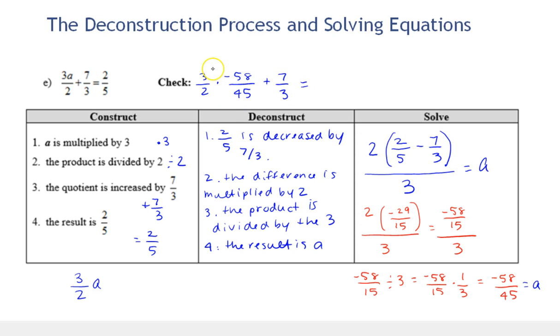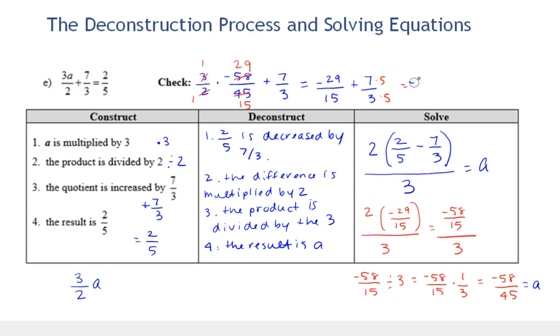Okay, so first I do the multiplication. 3 and 45 have a common factor of 3. These have a common factor of 2. So this would be 29. Notice now, this is 1 times negative 29 over 15, which is just negative 29 over 15 plus 7 thirds. I'm going to give these a common denominator of 15, so multiply by 5 over 5.